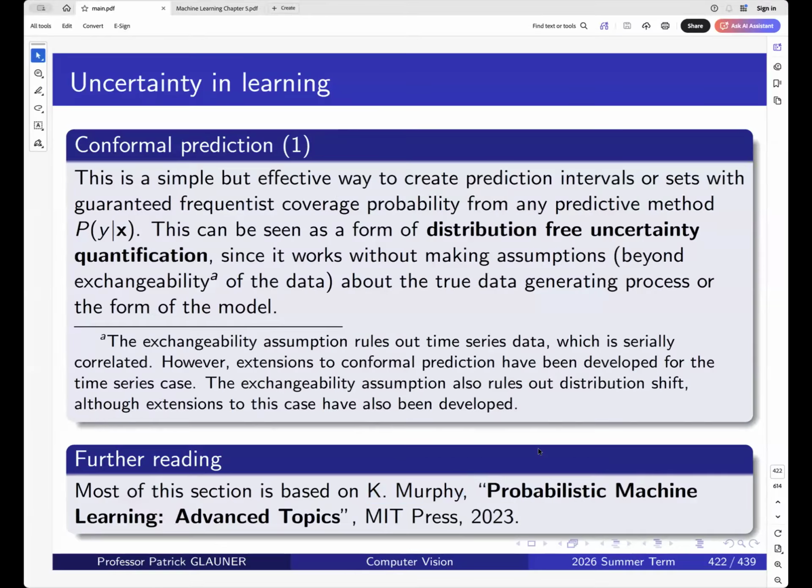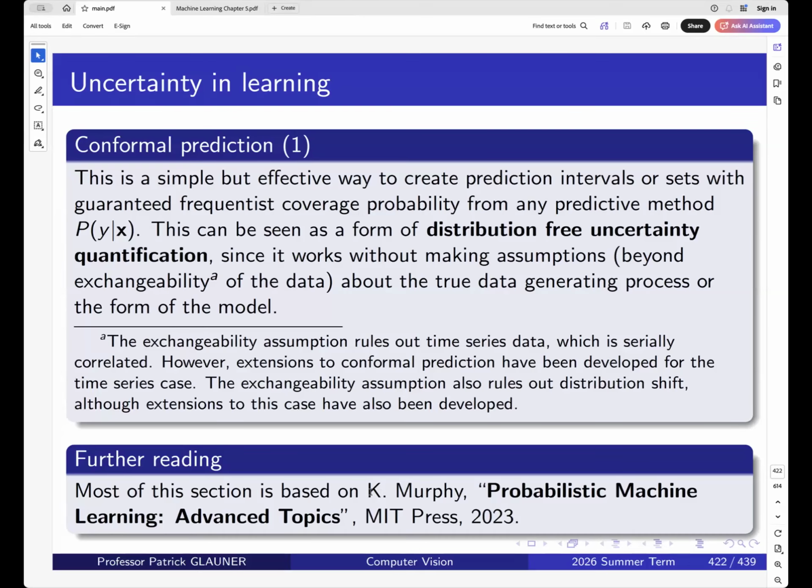The Murphy book is a famous machine learning book, and for a long time it was one book. Then a few years ago, the book got split into two books, and both got extended. The second one is the Advanced Topics book. So the two books combined cover more topics than the original Murphy book.